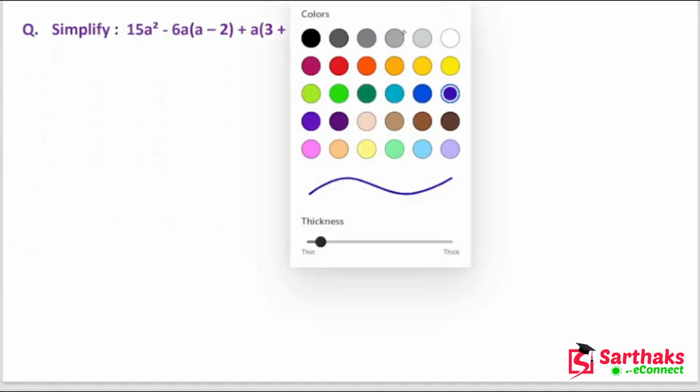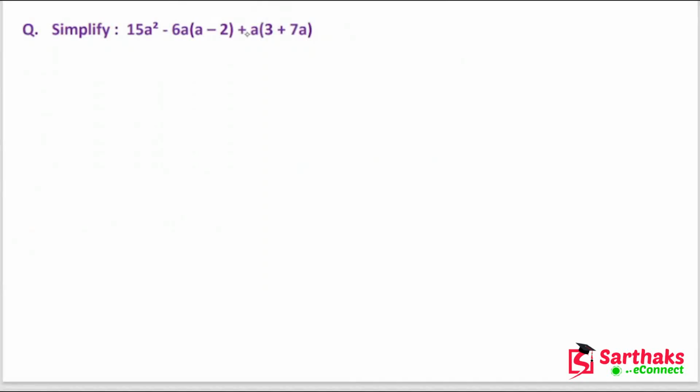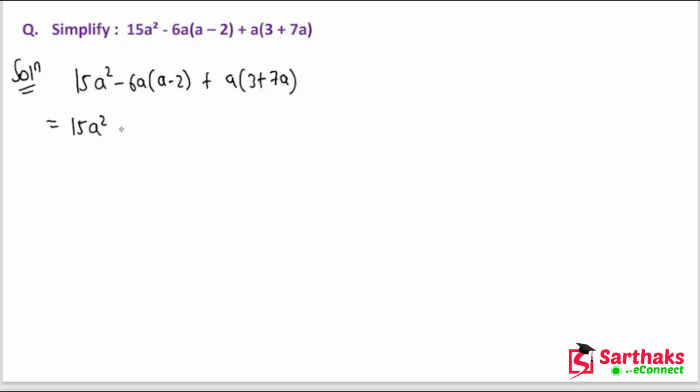Now it is just simplification. It is not directing you to do anything. You have to do everything on your own based on the sign and operations. So it is 15a square minus 6a into a minus 2 plus a into 3 plus 7a, right? So it would be 15a square. Now minus 6a into a would be minus 6a square, minus into minus plus, so it will be 12a.